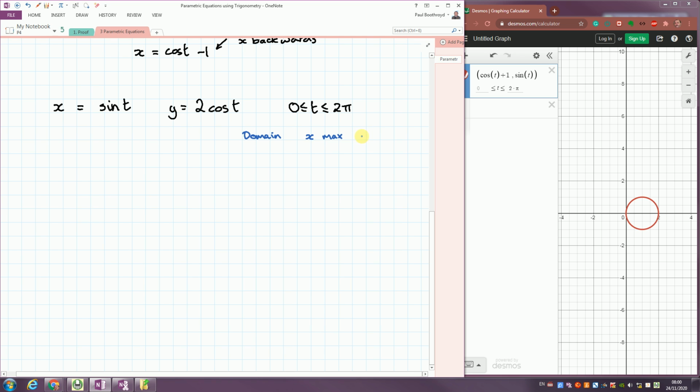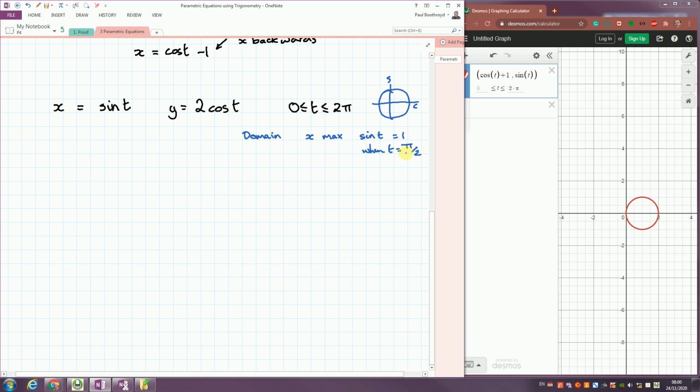And this is the logic they use in the formula ones. You can do it by differentiating x with respect to t, make it equal to 0 and find out what values of t are important. But the max of sine t is 1 when t is pi over 2. Unit circle, cos, sine.